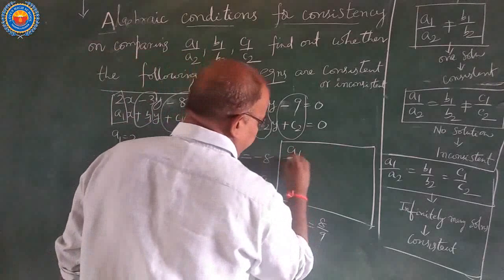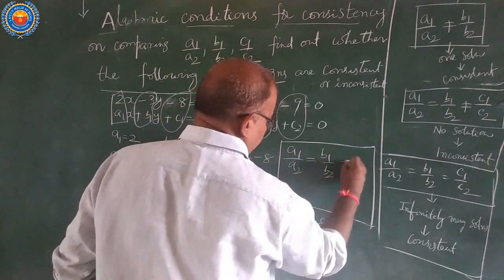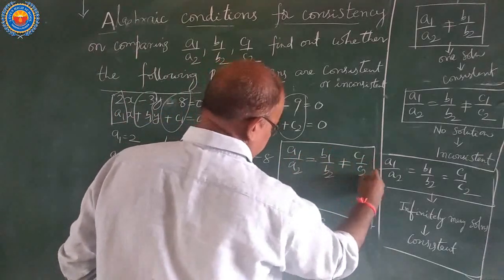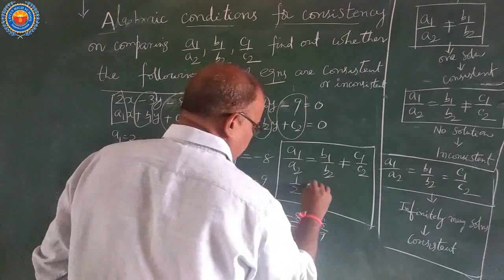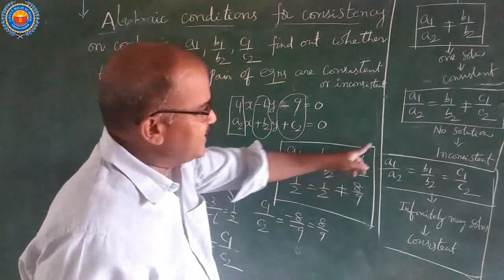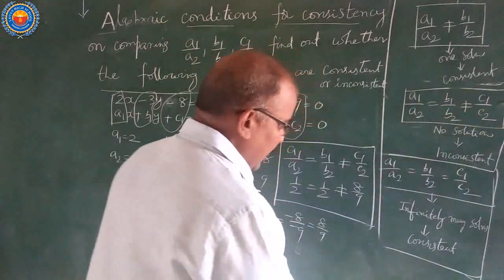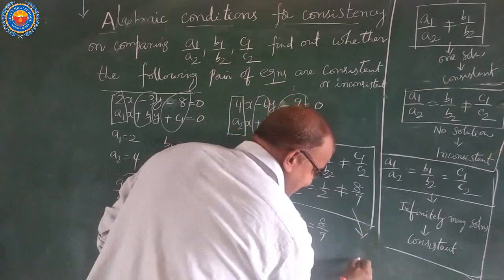Finally, a1 by a2 is equal to b1 by b2 is not equal to c1 by c2. That is nothing but 1 by 2 is equal to 1 by 2 is not equal to 8 by 9. From this we can write inconsistent.